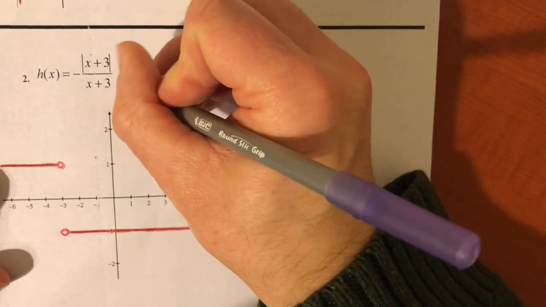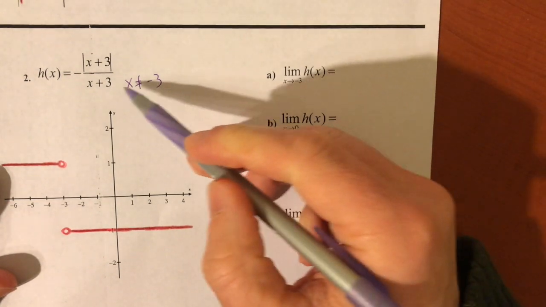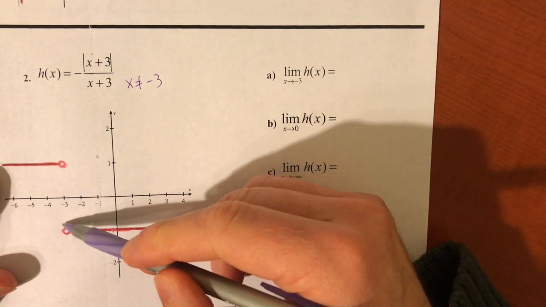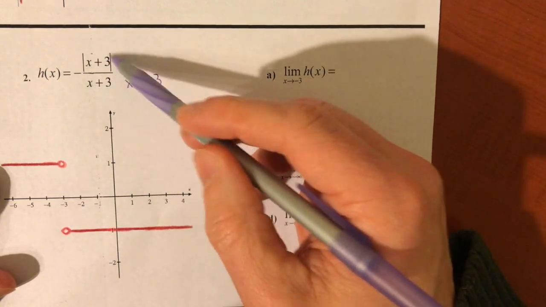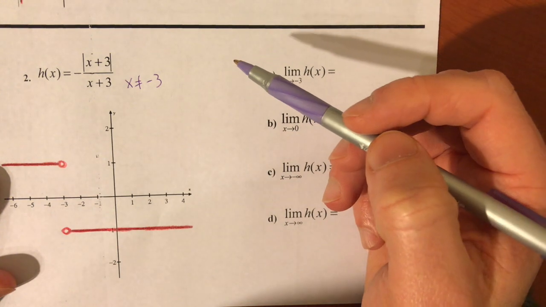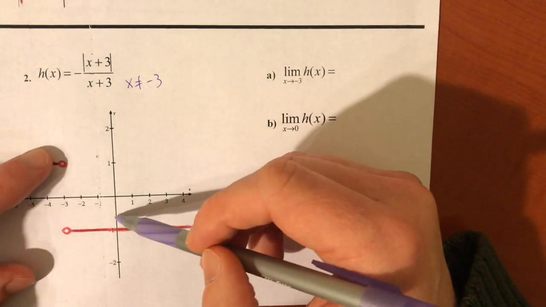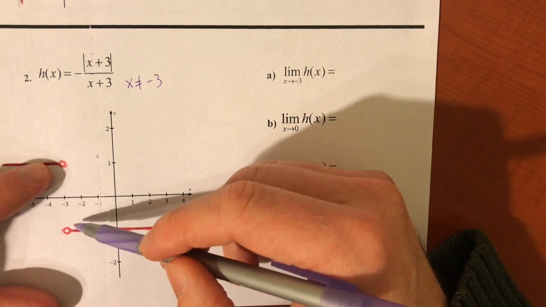At -3, the graph is undefined, because you would get 0 on the denominator, and so notice you kind of have this strange situation. It's not exactly a hole, because I can't quite cancel it because of that absolute value, but it's not a vertical asymptote either, because we're not going to infinity or negative infinity as we approach that spot.